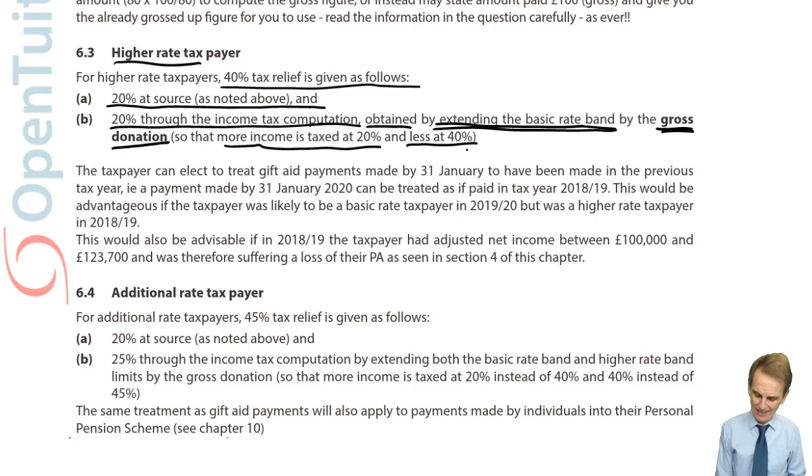We extend the basic rate band by the gross donation. So instead of having a basic rate band limit of 34,500, it's extended by 1,000, so it goes up to 35,500.